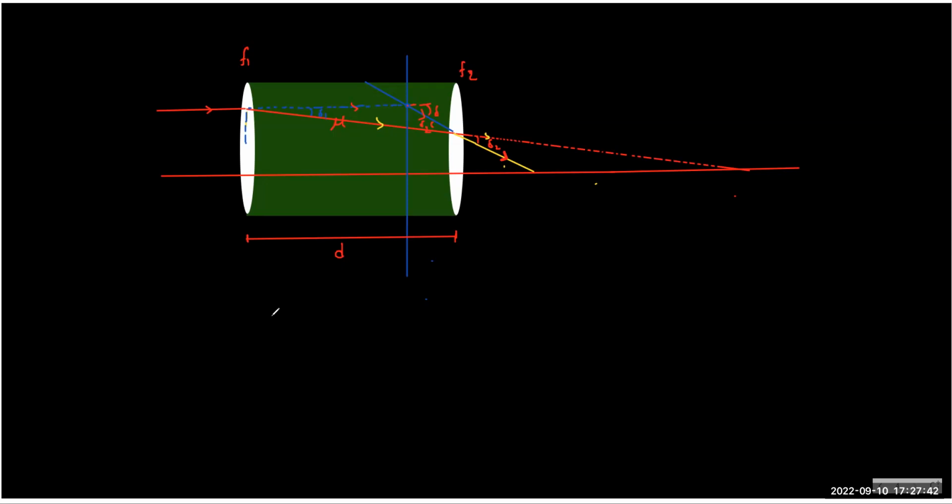Things will change. Can we derive the formula? This formula is given directly, but I want to derive it for the first time.